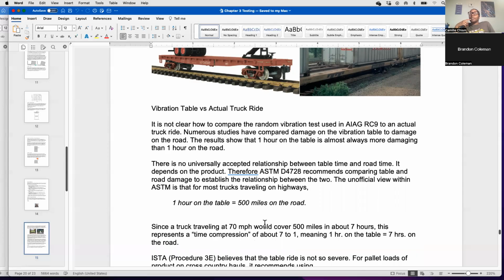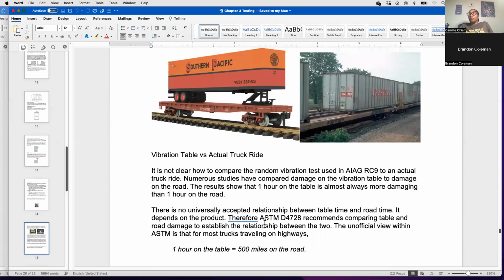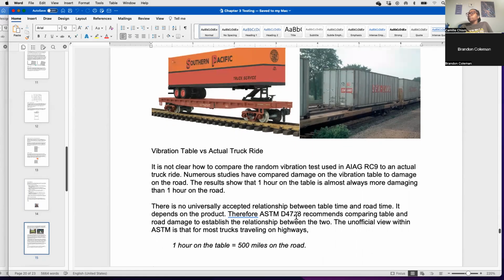And I agree with that, because every route is different. Every truck is different. The condition of the truck, the condition of the suspension, the condition of the sea container, those all make a difference, as well as the condition of the railway.